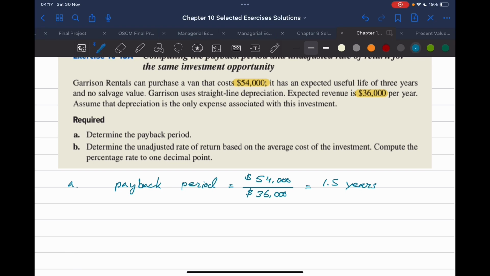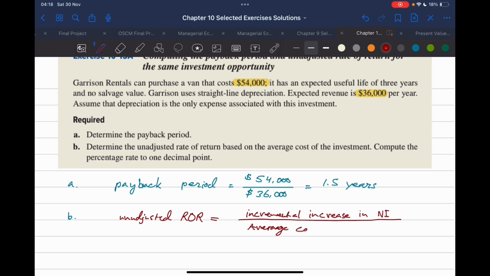Now I'm going to remind you of the formula first for determining the unadjusted rate of return, which equals the incremental increase in net income divided by the average cost of the investments.